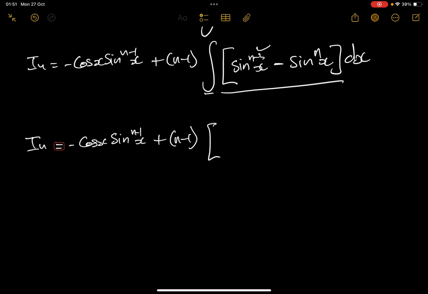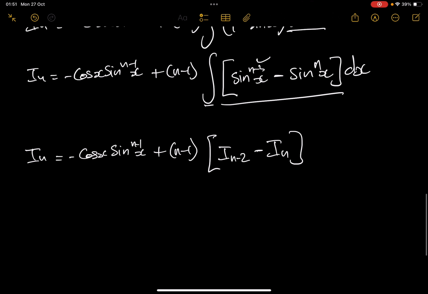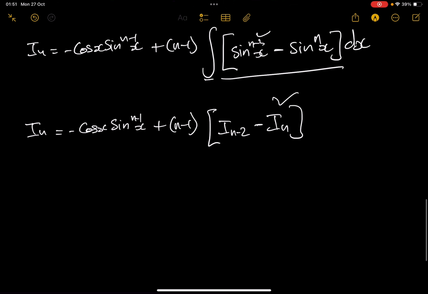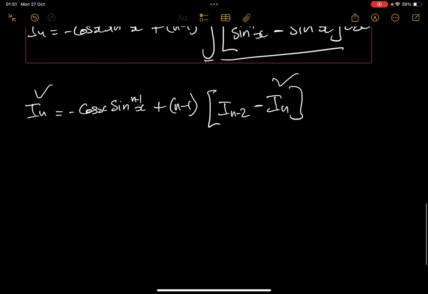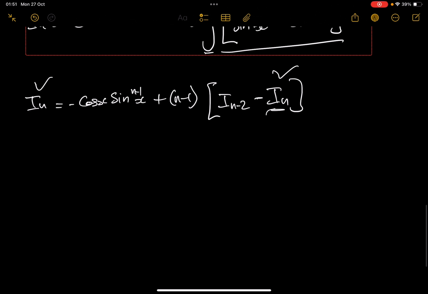So this is going to be (n-2) minus I_n, right? Because the integral of sin^(n-2) x dx is going to be this, and the integral of sin^n x is going to be this. So now we have I_n on both sides, so we need to bring this I_n to the other side. But let me first work this out.